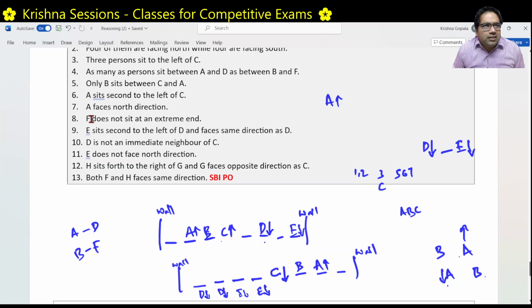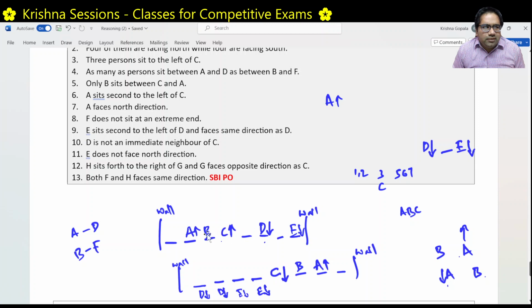Let's read 4 and 8 together. As many people sit between A and D as between B and F. So B is here. In this case, between A and D there are 3 people.